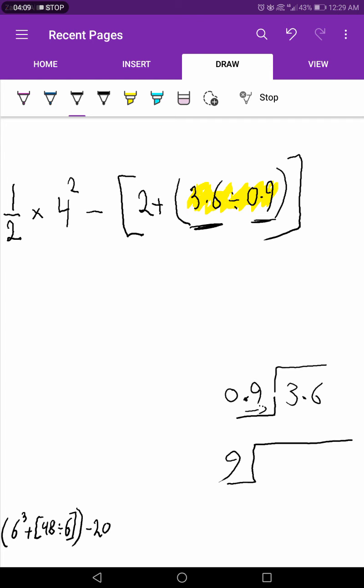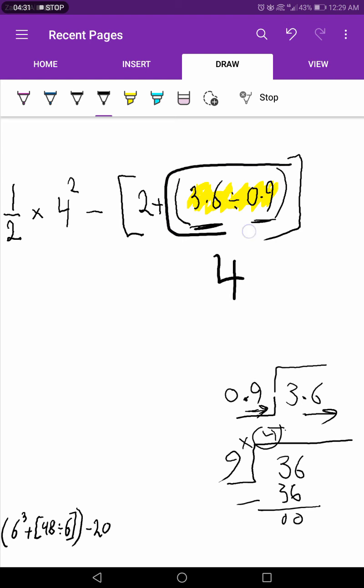And because I move one step to the right, I have to move this one step to the right. This will be 36. Now how many 9 in 36? It is 4. 4 multiplied by 9 equals 36. Now subtract, so the answer is 4.